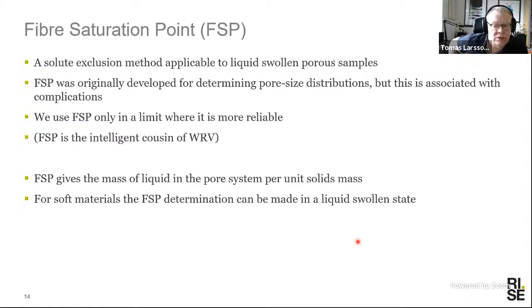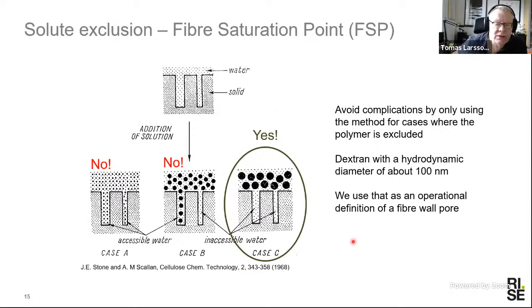So that's quite useful. And the method works essentially by this, that you have a sample and you have a very large polymer. We use dextran. Historically, when you say FSP, it actually means a method that was originally designed for determining pore size distributions in fibers.